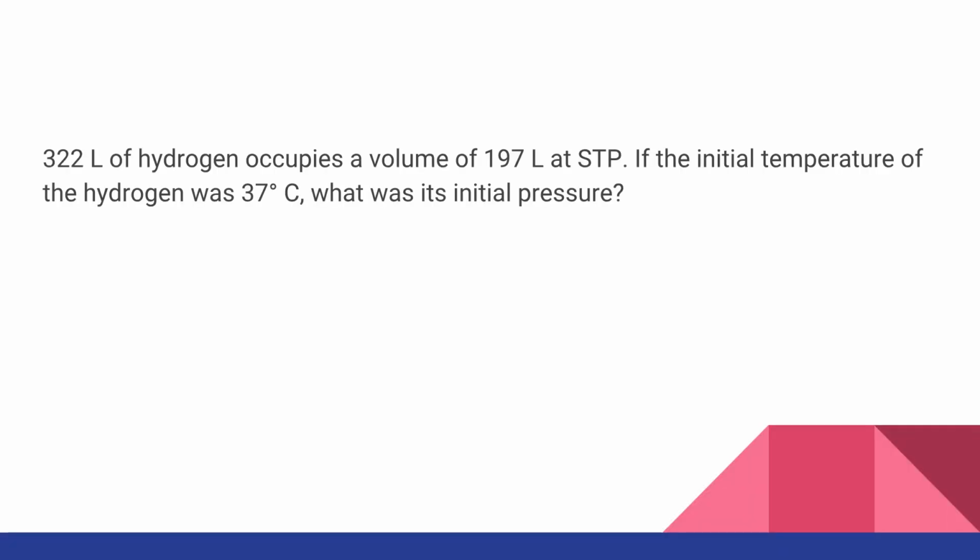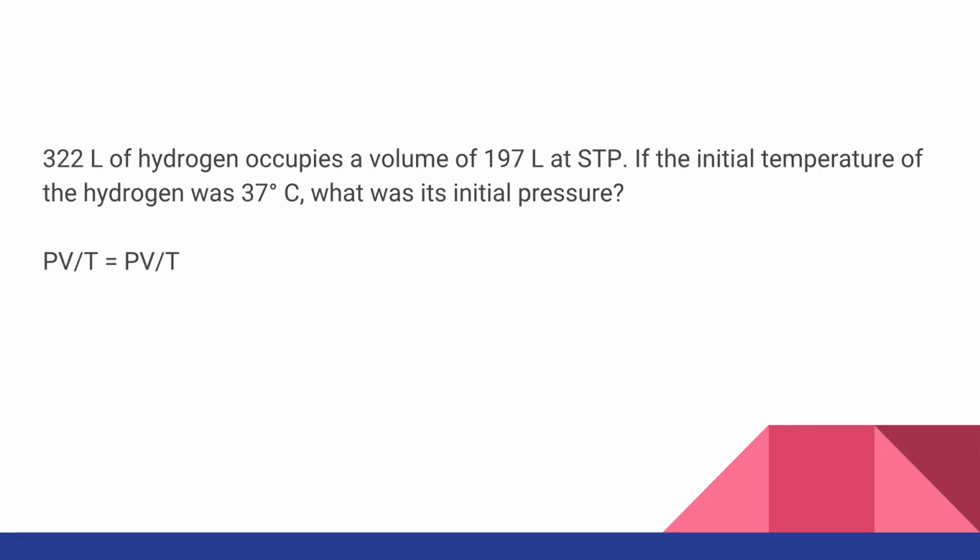So 322 liters of hydrogen occupies a volume of 197 liters at STP if the initial temperature of the hydrogen was 37 degrees Celsius. What was the initial pressure?